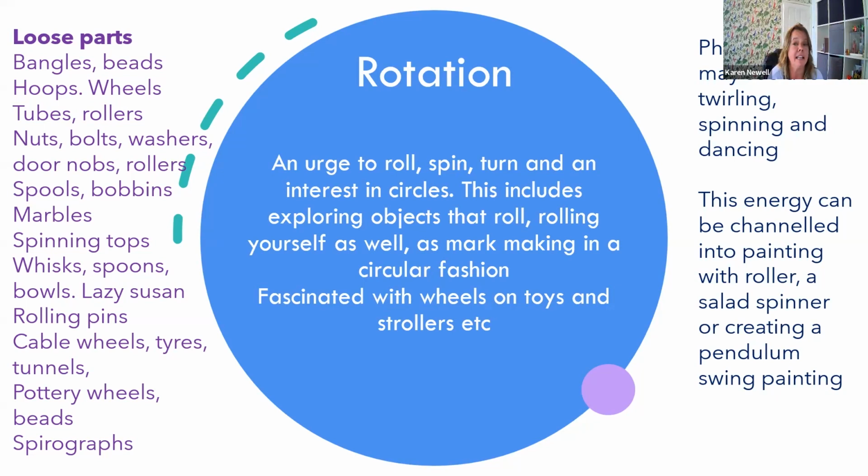So physically, you might see a lot of twirling and spinning, and this energy can be channeled into painting with a roller, or salad spinner painting, or creating a pendulum swing. That will really help them understand. Look at all the science in there as well. You've got a lot of learning going on there, but they don't know that. They're just building their development and building their early concepts.